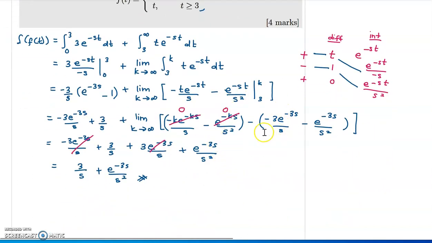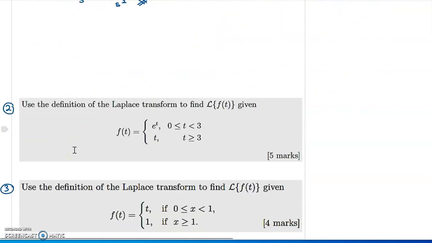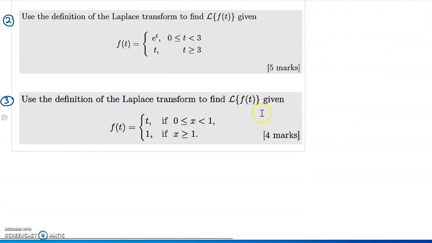Be careful on the integral, careful on the positive, negative, arithmetic and so on. This is how you solve the piecewise function, finding the Laplace transform of the piecewise function. For problem number 2 and number 3, you can try on your own.